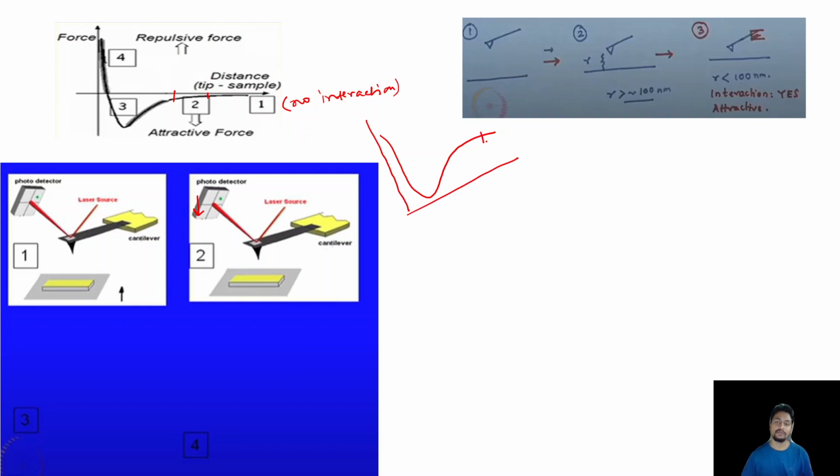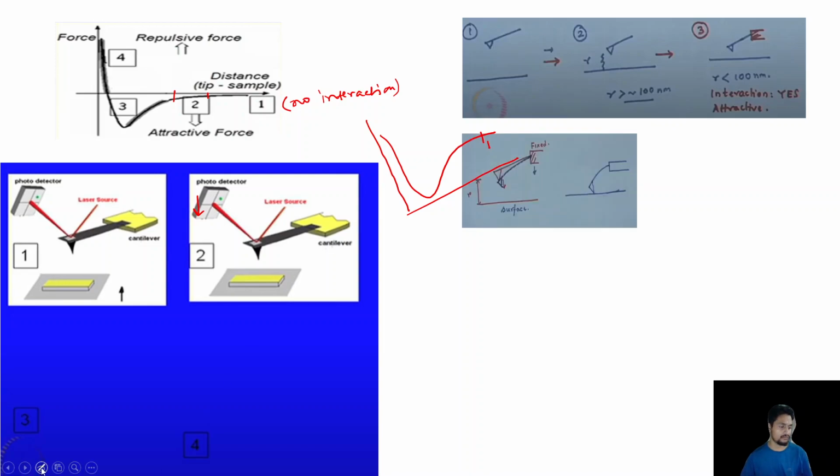Let's say this is my one. Sorry, this is the zero position. This is my first position, this is the second position, and here it is the third position.